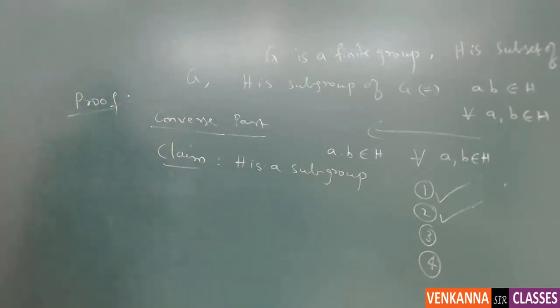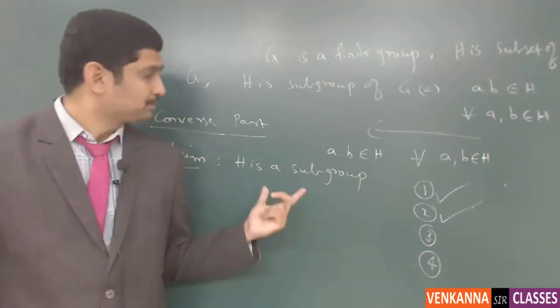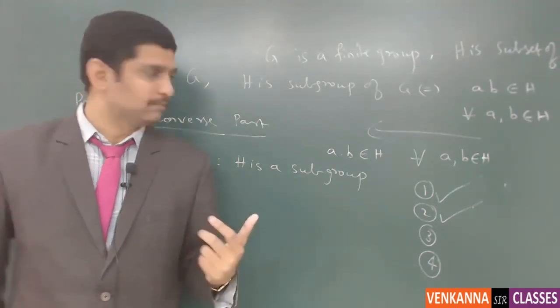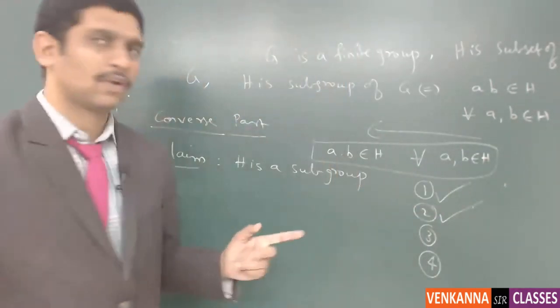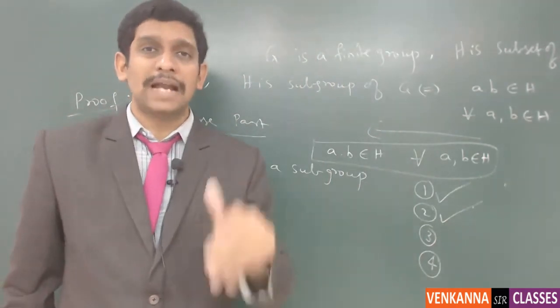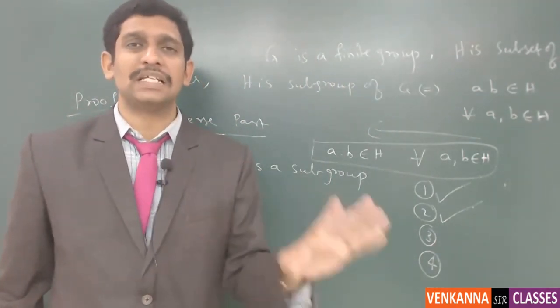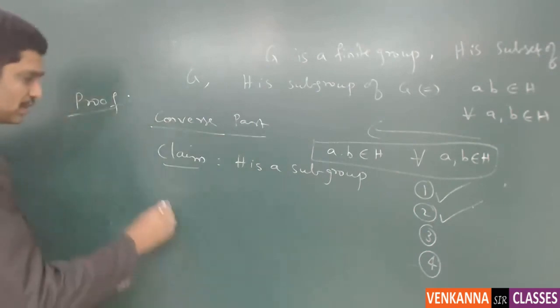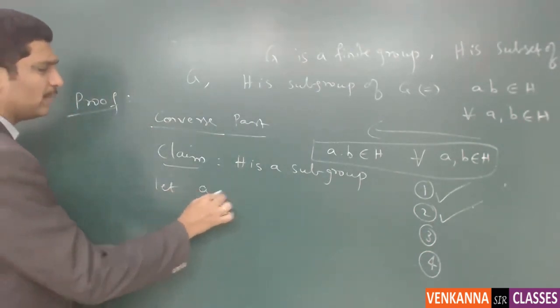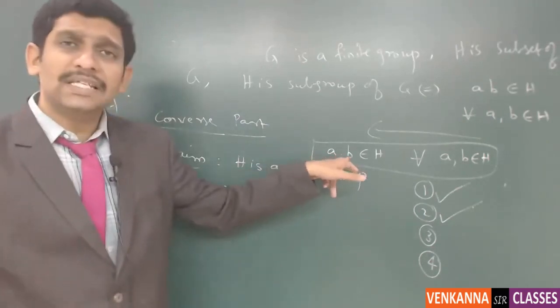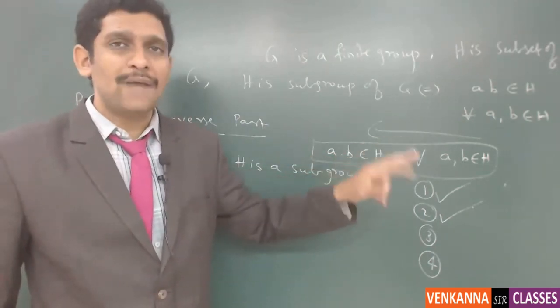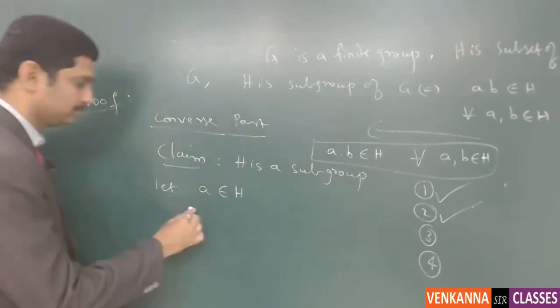You get it? Tell. So now I am going to prove identity. So if you look at the condition, whatever the elements I take, closure law will be satisfied by H. So first of all, let me take an element A belongs to H. So in place of B also, I am taking the same element.